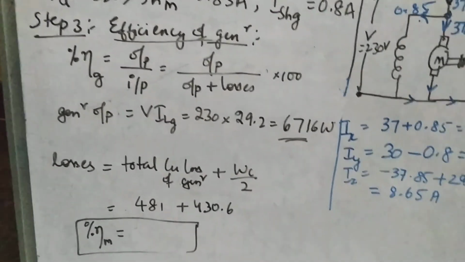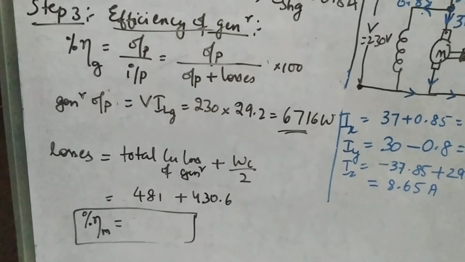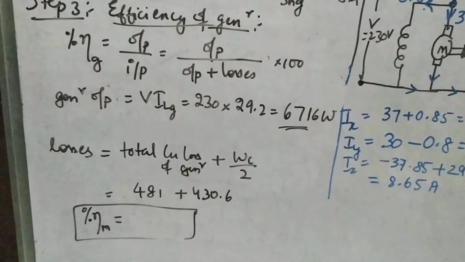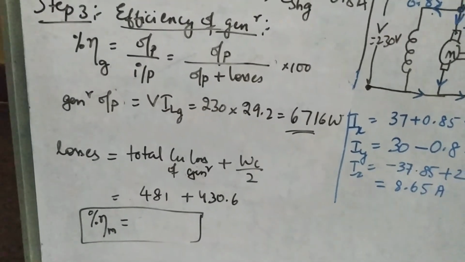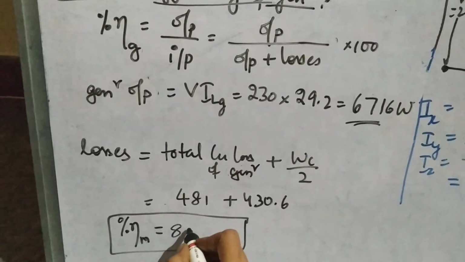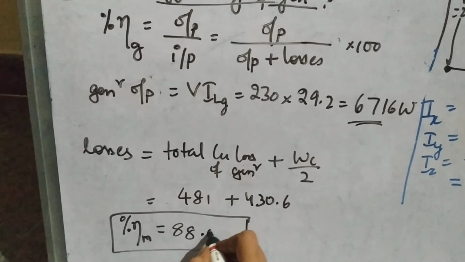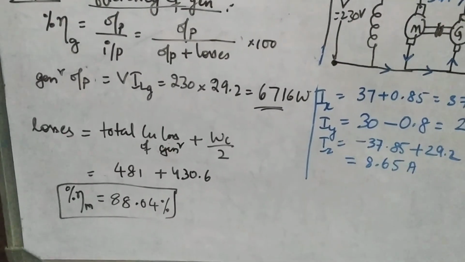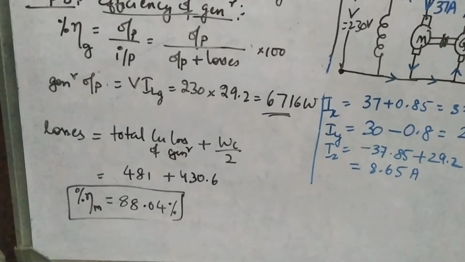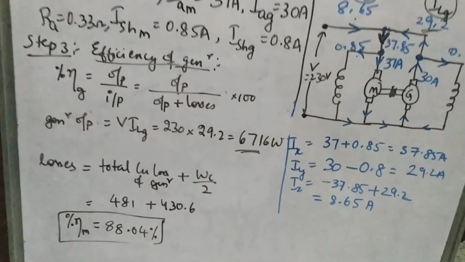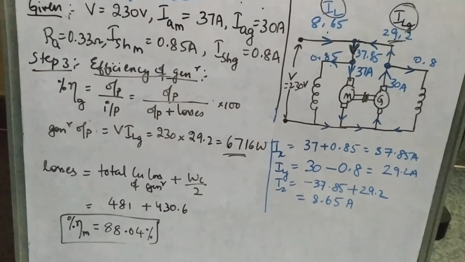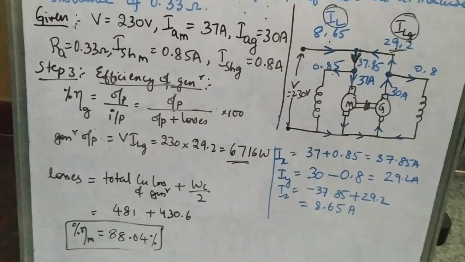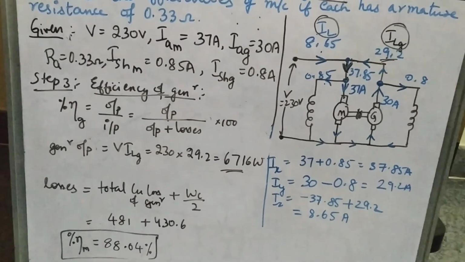So finally we get the efficiency of around 88.04%. So this completes the problem based on the efficiency of generator and motor by using the Hopkinson's test.